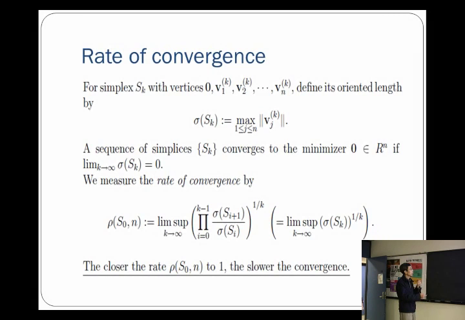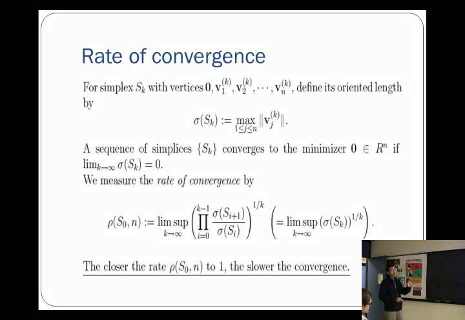Here, Δ0 is the initial simplex in n dimensions. We want to study how the rate of convergence depends on n, the dimension, the effect of dimensionality.